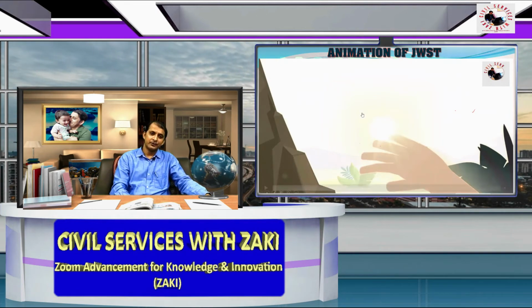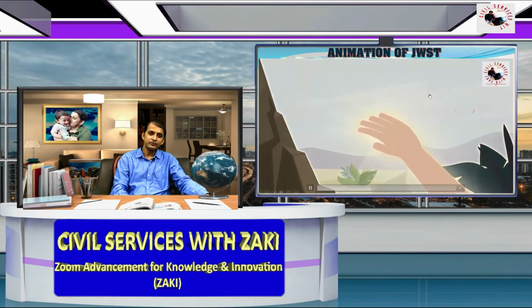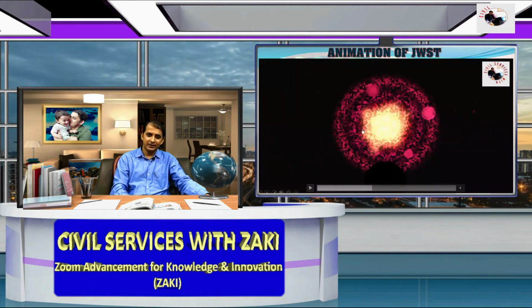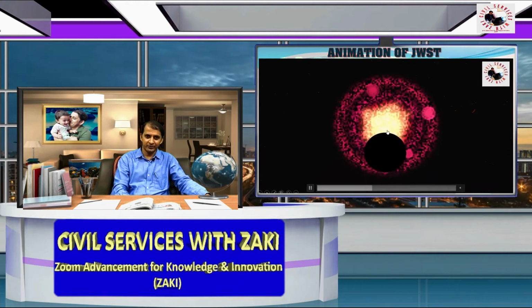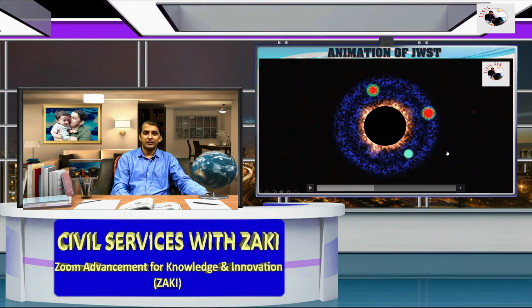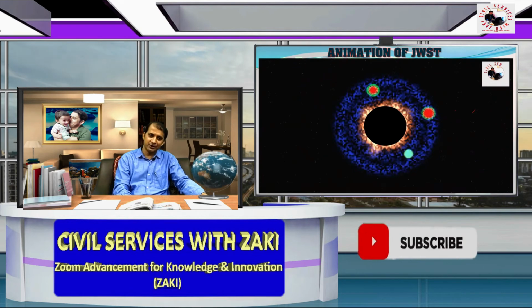So see how this works. When this light is blocked, you can clearly observe all these objects. See how clear it is. You can clearly see such exoplanets and the composition of the exoplanet.